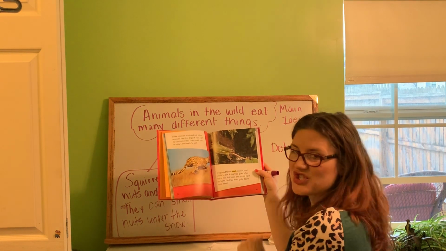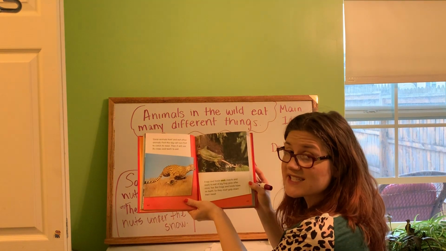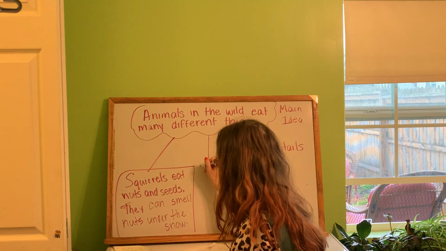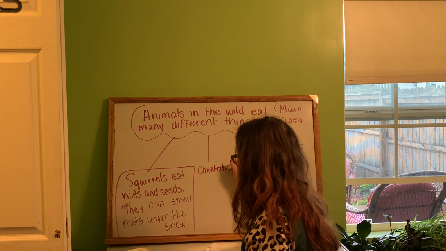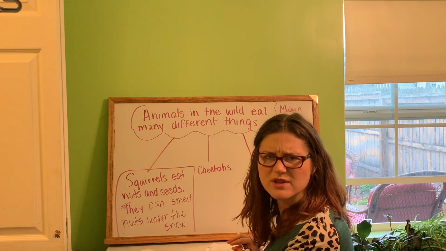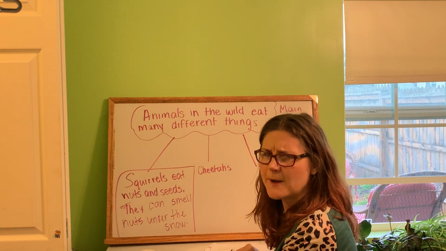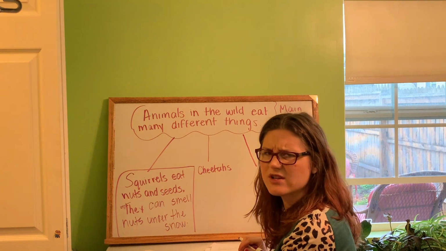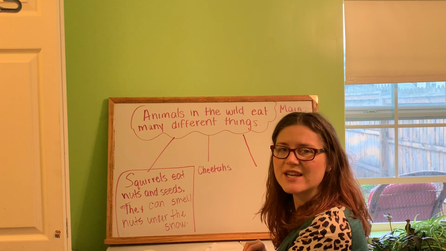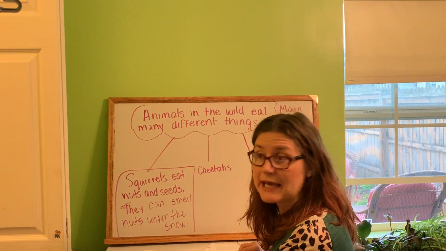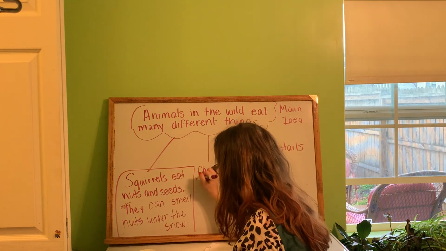I'm going to talk about the cheetah. Do you remember how the cheetah gets its food in the wild? Cheetahs wait for their food to jump in their mouth? No. Cheetahs stick out their long tongue to get their food? No. Cheetahs hunt and catch their food.